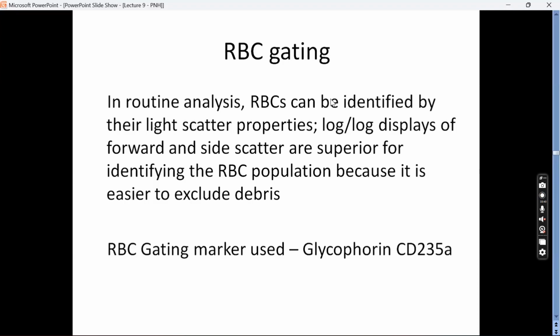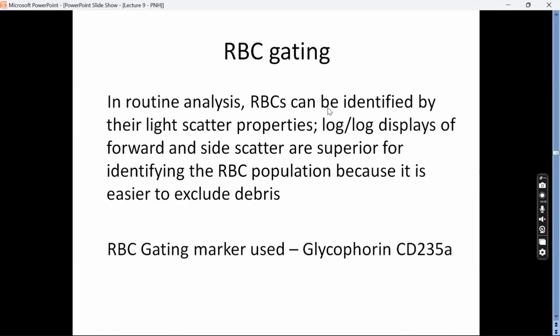You can use it for some other monocyte assay, but in PNH assay you should not use CD14 for gating the monocytes. Similarly, you should not use CD24 for separating the neutrophils. Okay, that point is important. You need a gating marker to isolate the population to take it for further analysis.